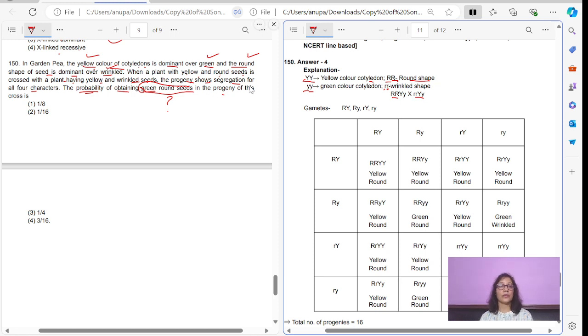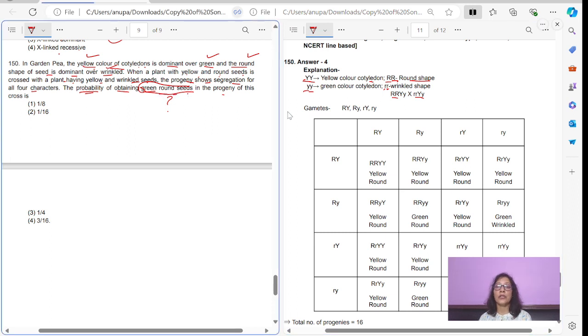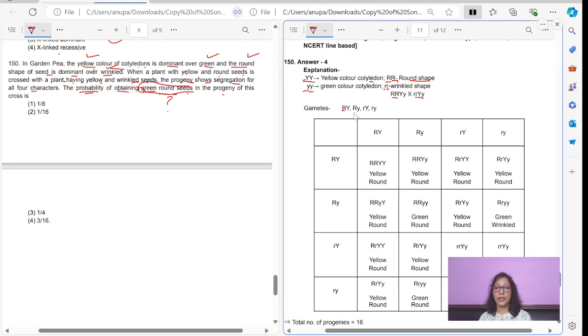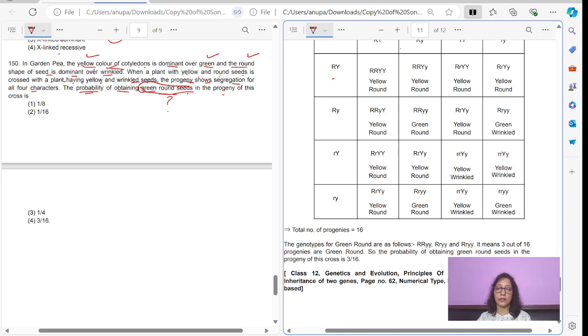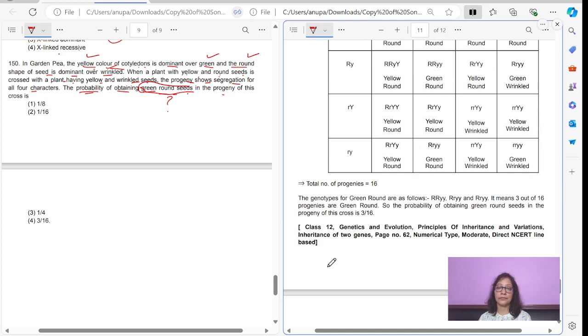And if the progeny shows segregation in all four characters, what will be the probability of green round seeds? So we will make a Punnett square like this. These are the gametes which will be formed because of segregation of all the four characters. And when we cross them, we find the total number of progeny here is 16.